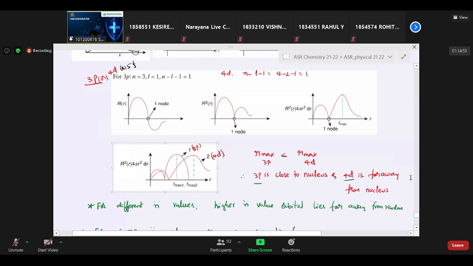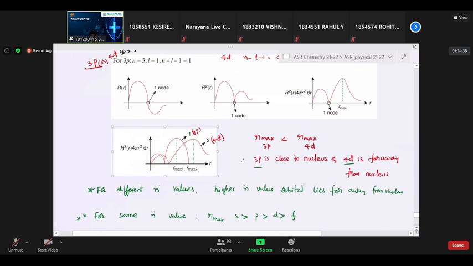That is clear. And for the same n value, s lies far away from p, then d, then f. So Rmax is more for s, then p, then d, then f.